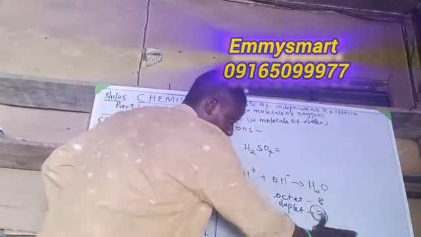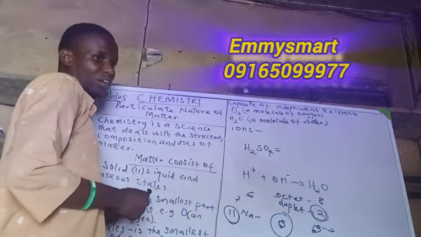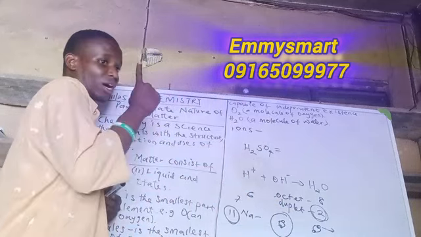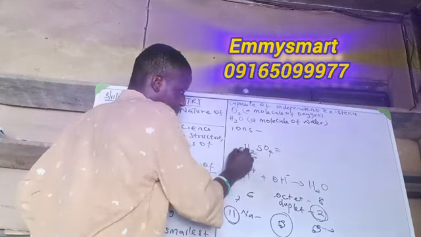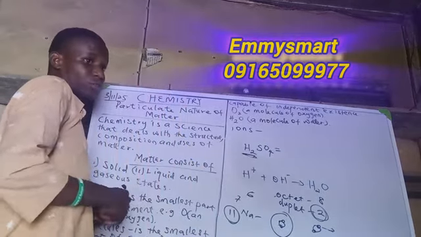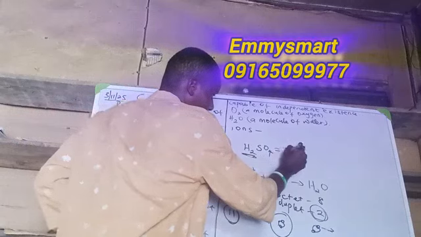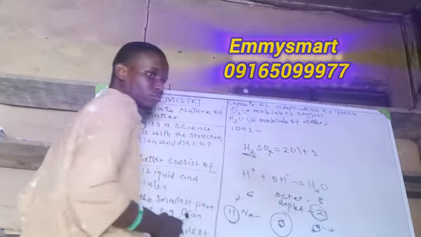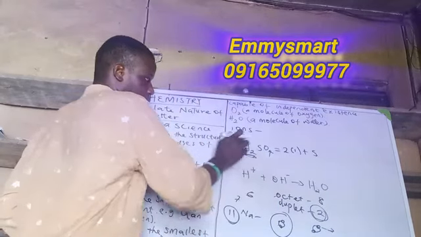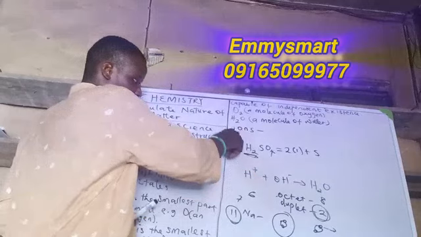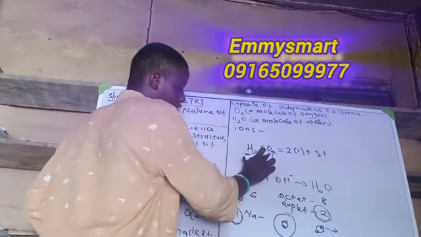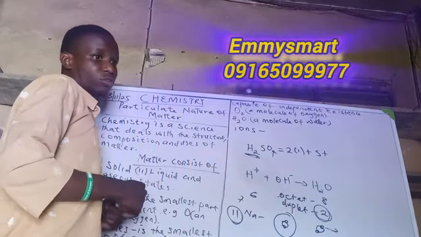As I was saying, the valency is the combining power. It can easily combine with another element, and the combining power is 1 for hydrogen. How many hydrogen atoms are here? 2, right? So 2 times 1, plus sulfur, which is what we are looking for, the combining power of sulfur, which gives the name of this compound. Plus oxygen, which is 2.